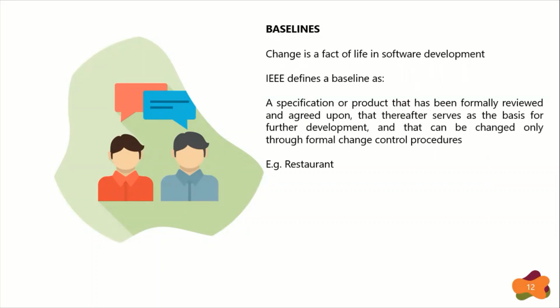Let's take an example of a restaurant. There are doors to a kitchen in a large restaurant. One door is marked as out and another is marked as in. So the waiter can go in from one door and come out from another door. Now, if the waiter picks up an order in the kitchen and places it on a tray, and then realizes he has selected the wrong dish, he may change to the correct dish quickly and informally before he leaves the kitchen.